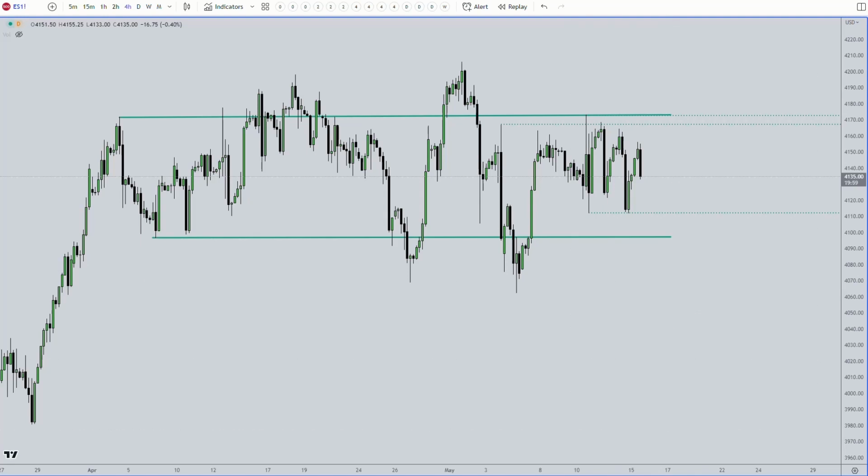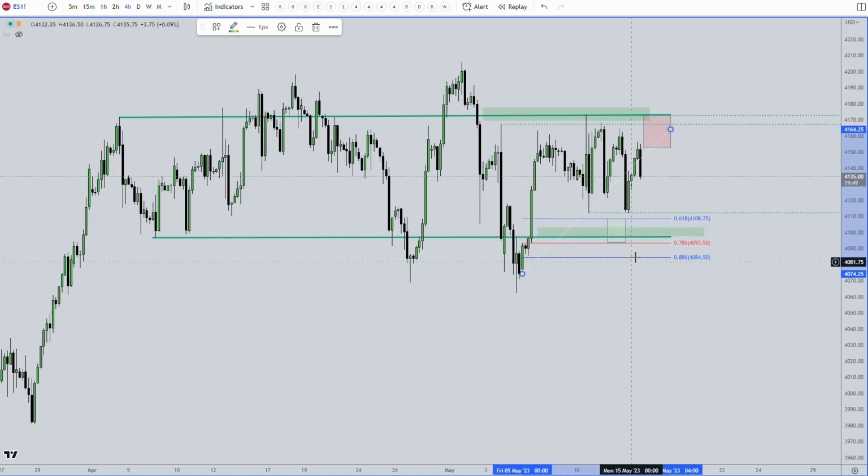What about boxes? 4-hour boxes, if you take your fib and you project it from our last leg up, then you have a bullish target box sitting at the lower end of the range.